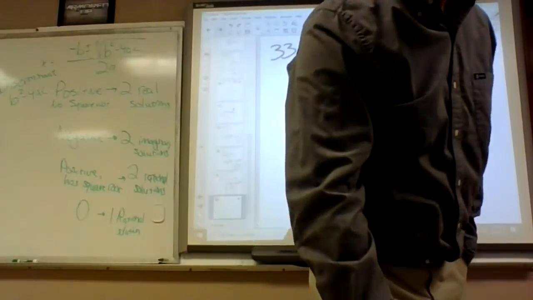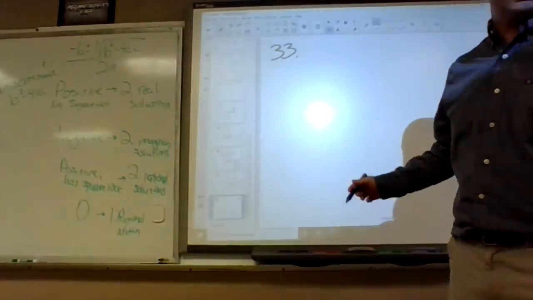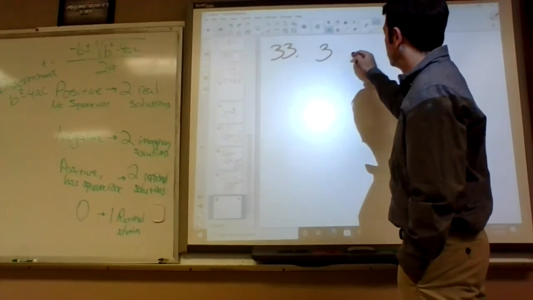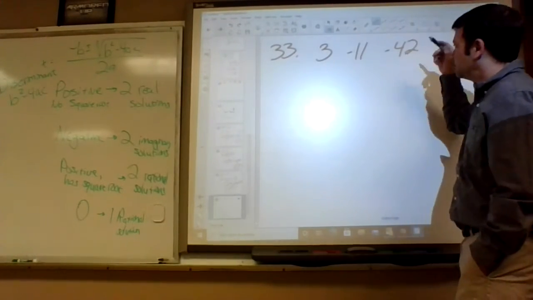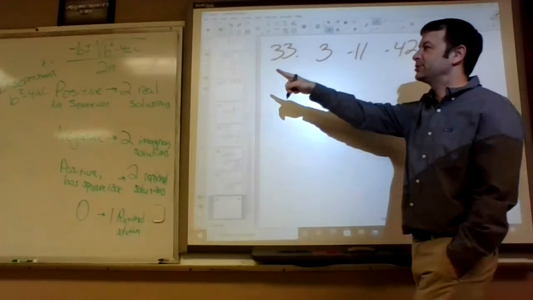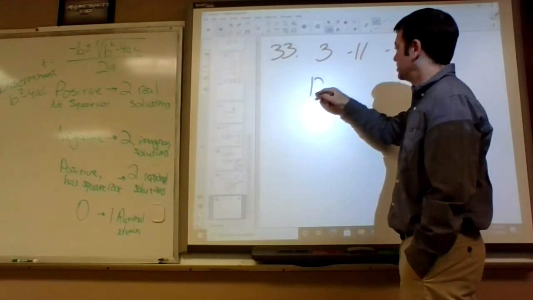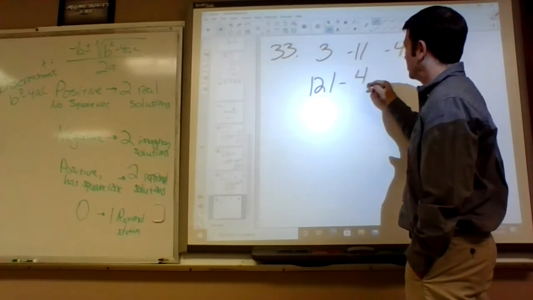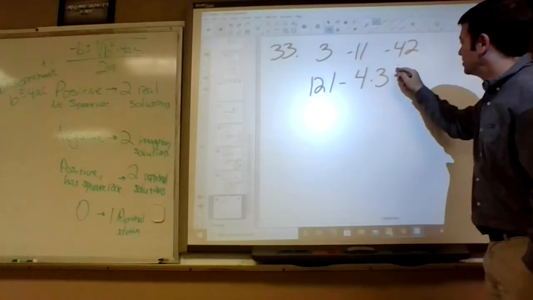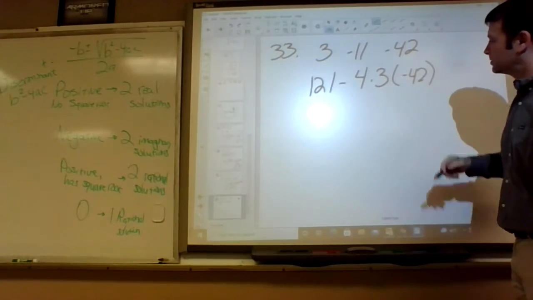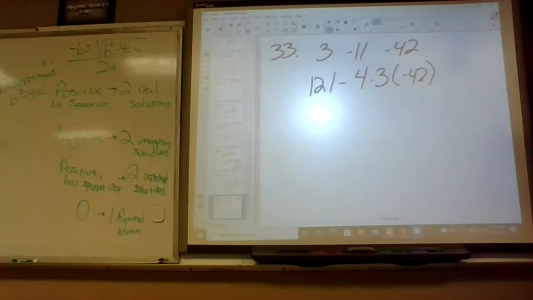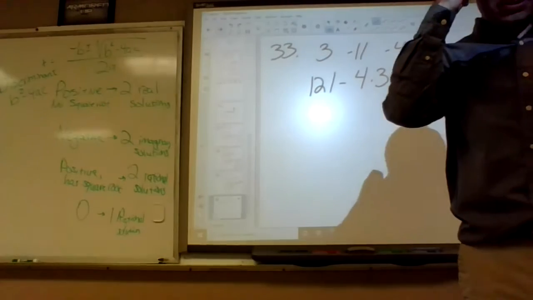All right, 33, same thing, right? A, B, and C is 3, negative 11, negative 42. So we're going to start with the discriminant, b squared minus 4ac. Oh boy. Well, it's definitely positive. I'm going to use my brain.